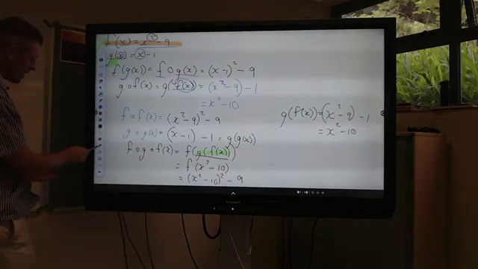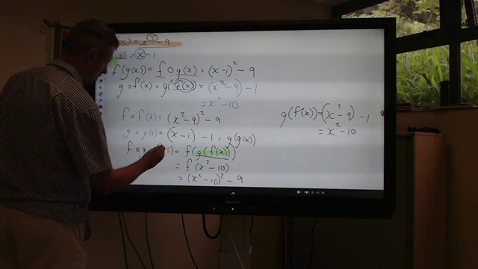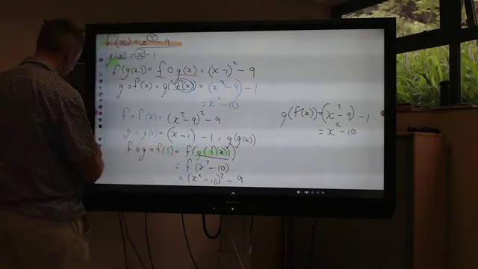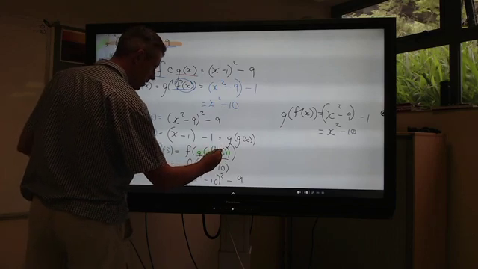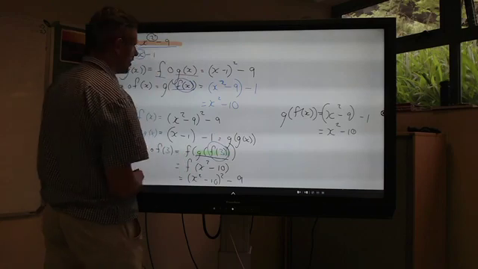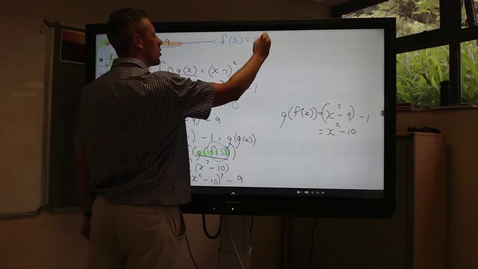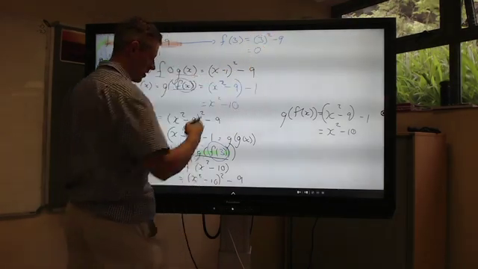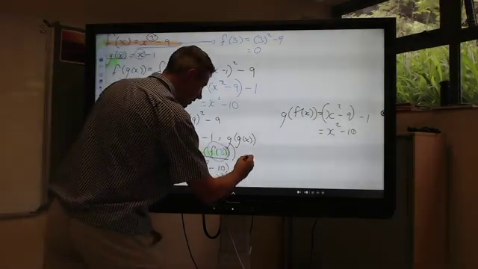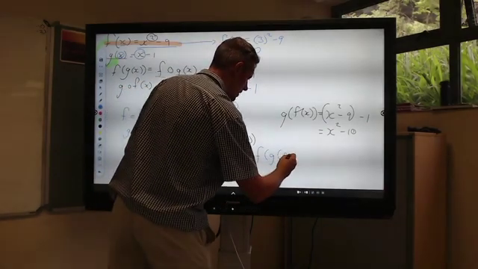But what if I replaced this x with 3, for instance? So in other words, replace the x with 3. Start right in the middle. Go. What is f of 3? f of 3: 3 squared minus 9. So that is 0. Which means this changes into f of g of 0.